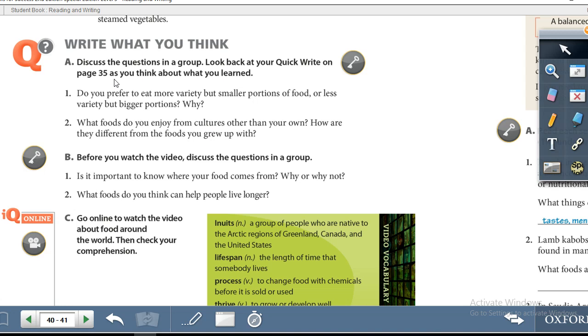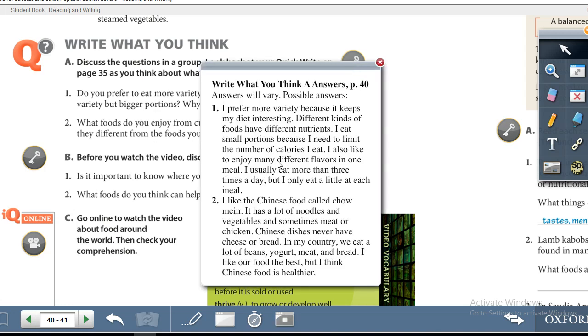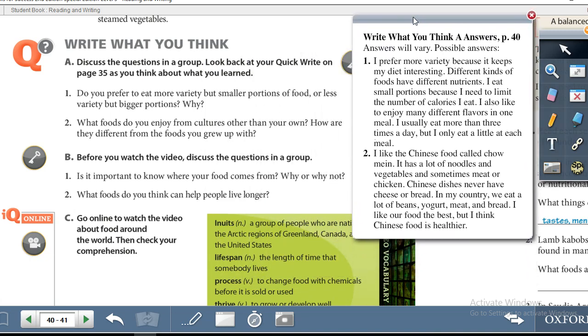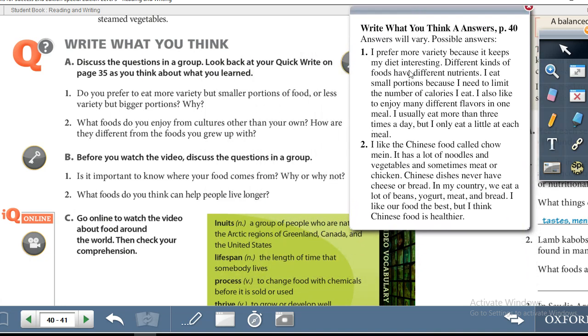Do you prefer to eat more variety but smaller portions of food, or less variety but bigger portions, and why? Right, so that can be your personal preference, right? Let's have a look at the answer key. As you can see in the answer key, we can use this as an example.